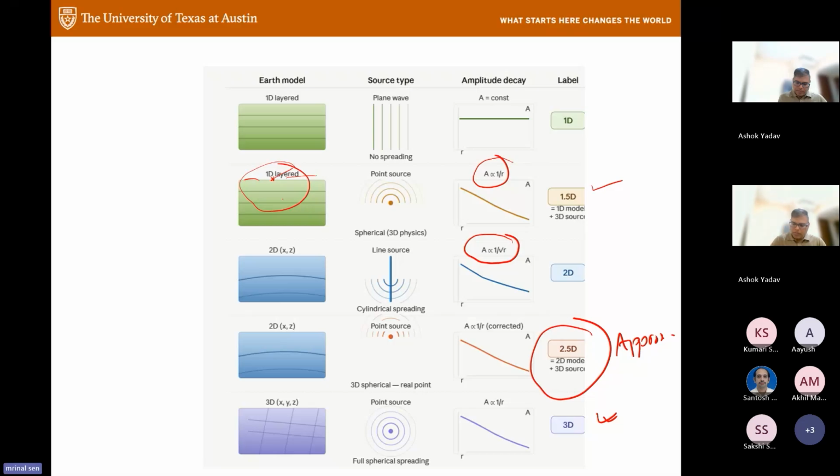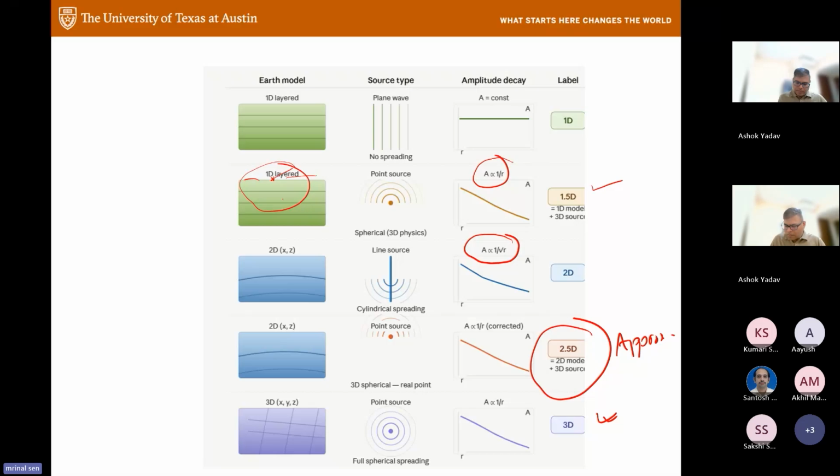Now, the Green's functions that I've shown you have analytic solutions. The reason they have analytic solutions is because we assume that the medium is homogeneous. But even if the medium is not homogeneous, you can find Green's function with a point source on the right hand side, just that it's not going to be analytic.